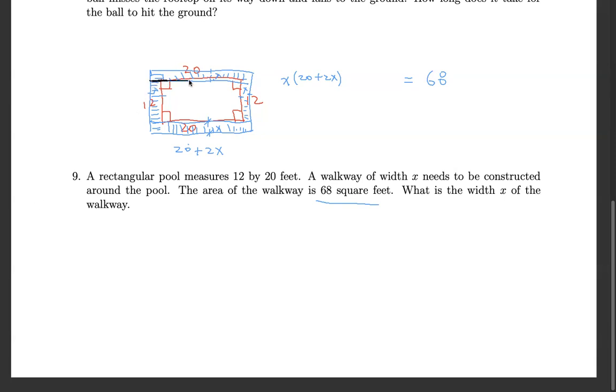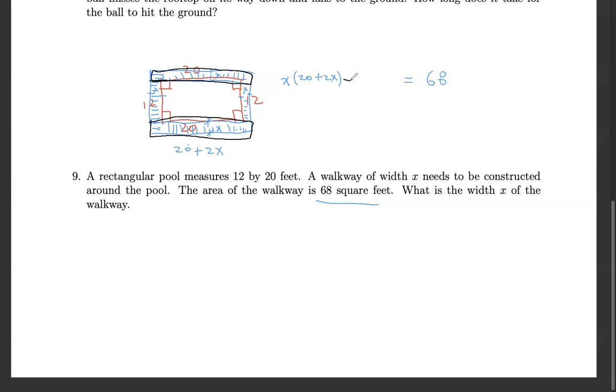So this piece and this piece, the area is x times 20 plus 2x. 20 is the red color, and this side has x, this side has x. That's why the length is 20 plus 2x, and the walkway width is x. So x times 20 plus 2x.